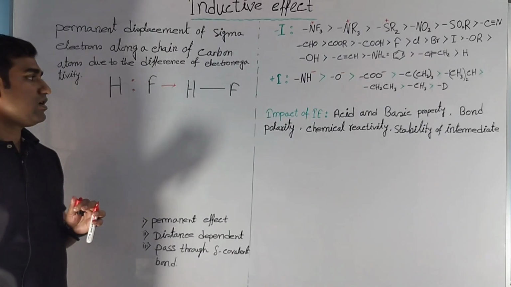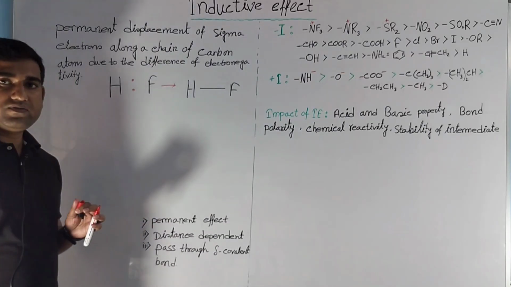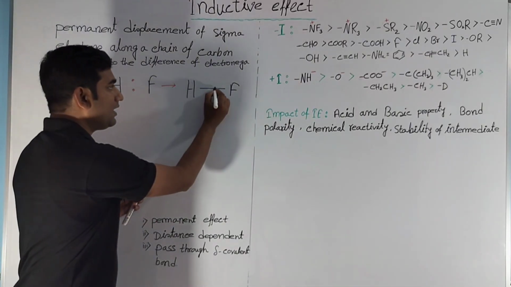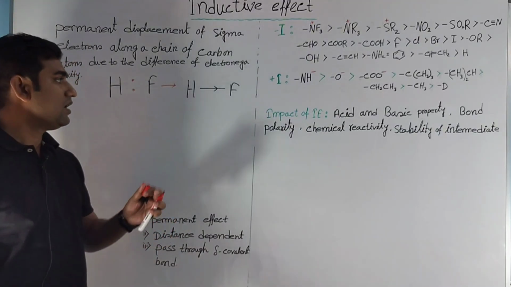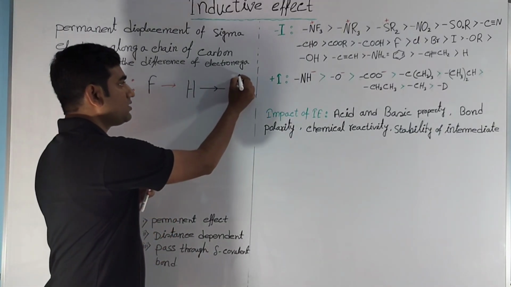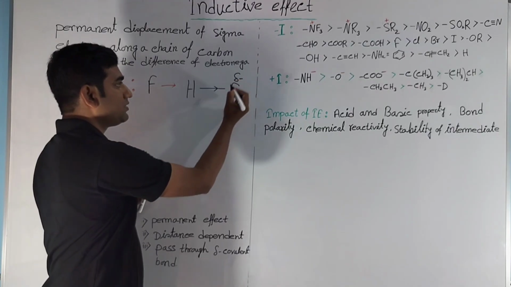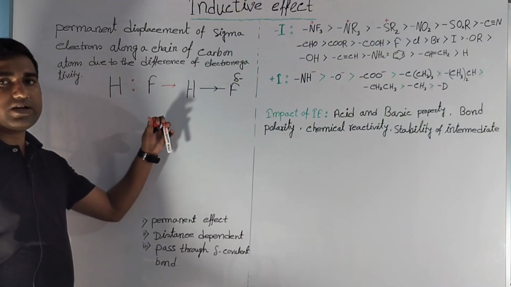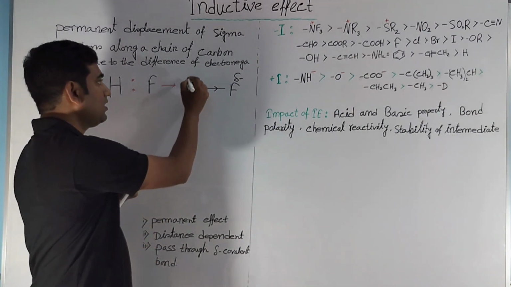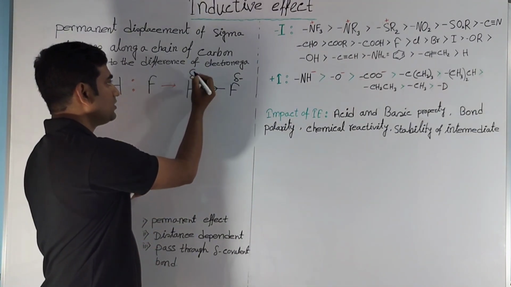What happens? The more electronegative atom pulls the electrons towards itself and acquires a partial negative charge, and the less electronegative atom acquires a partial positive charge. So the more electronegative fluorine atom pulls the electrons towards itself and acquires the partial negative charge, and the less electronegative atom acquires the partial positive charge.